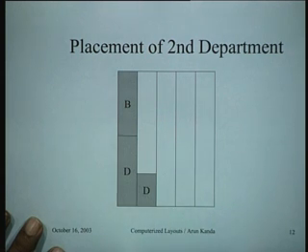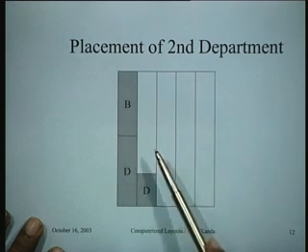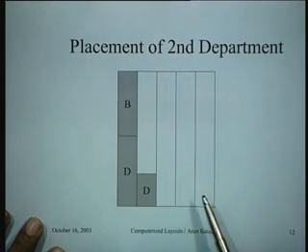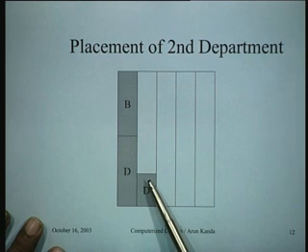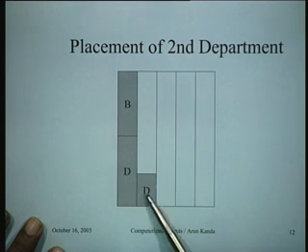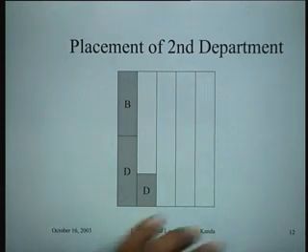So now at this stage we have placed 2 departments, B and D, on this particular layout, and we are now looking forward to placing the 3rd department. For the 3rd department, we would again scan the REL chart and try to find if there is a department which is friendly with D, depending upon the minimum department preference.